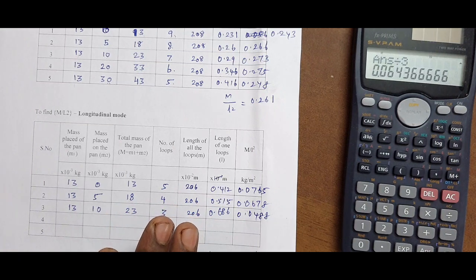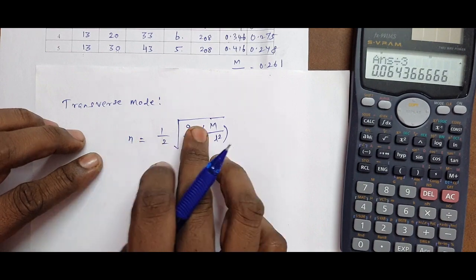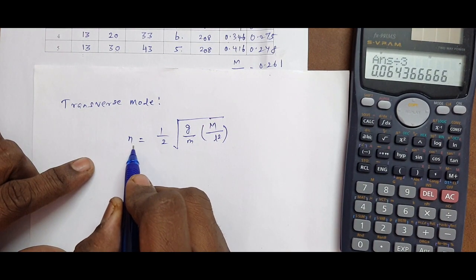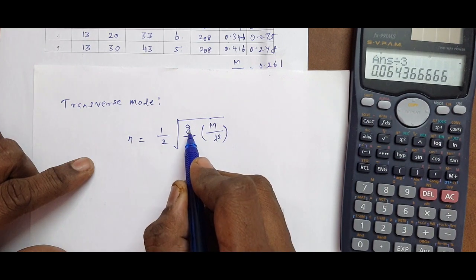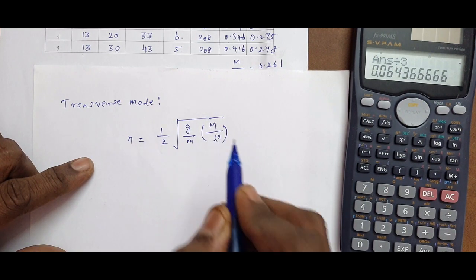Next, we find the frequency calculations for transverse mode. The frequency n is equal to 1 by 2 root g by mass per unit length into m by L squared.